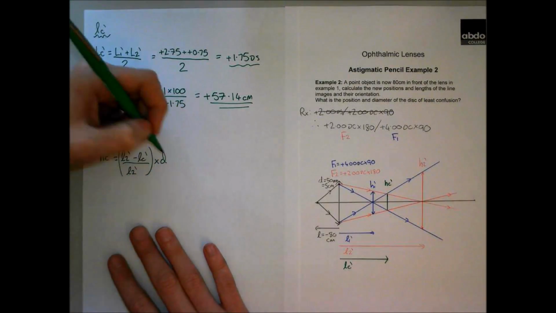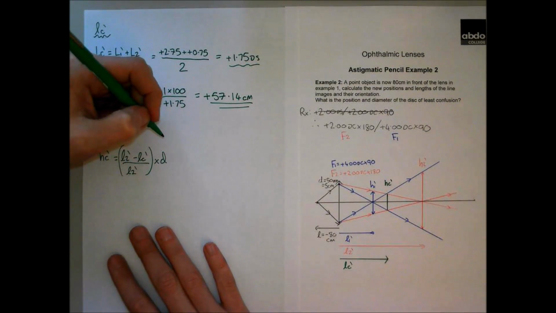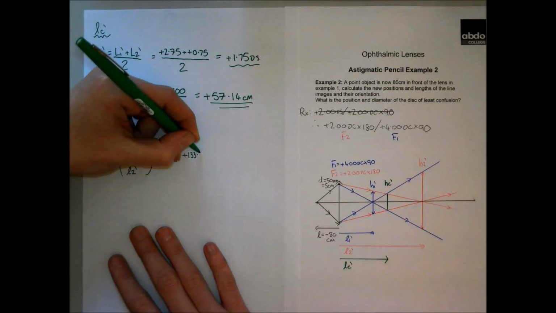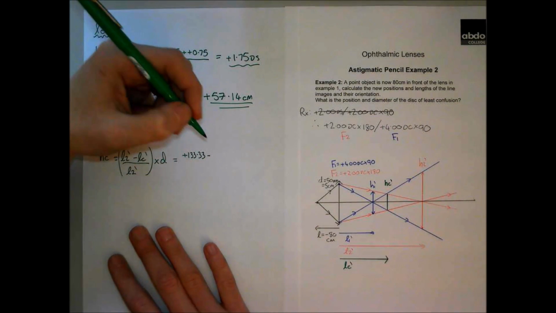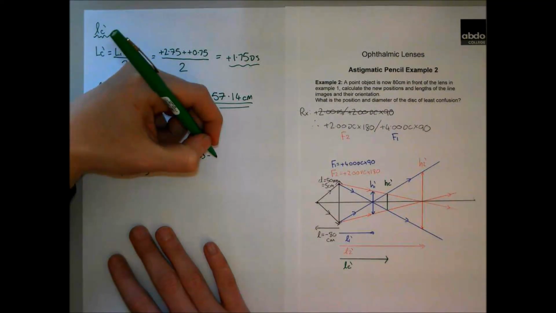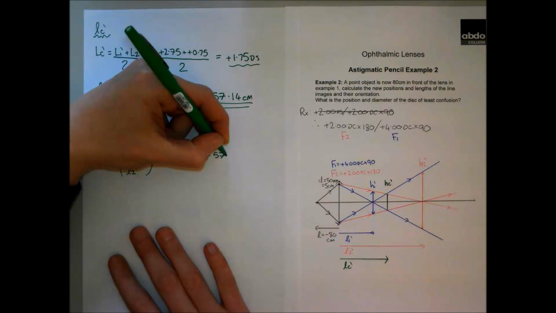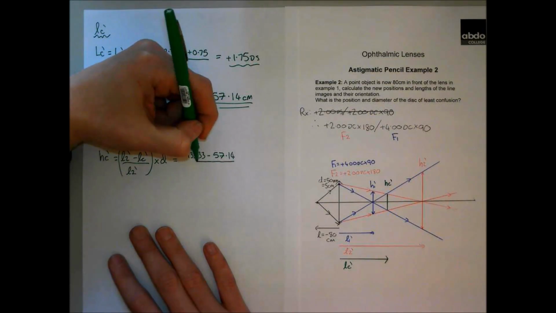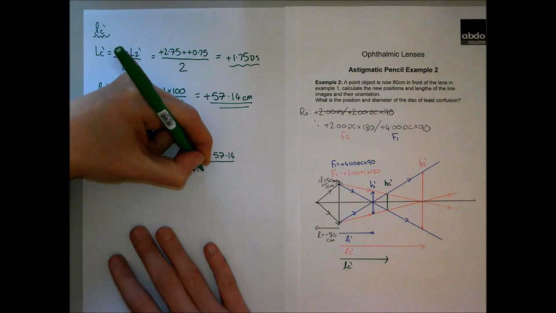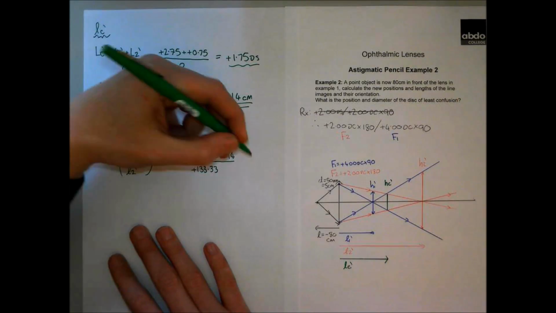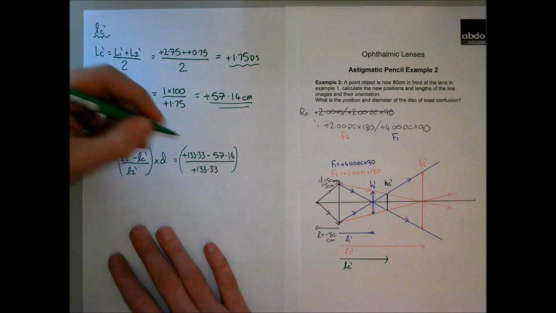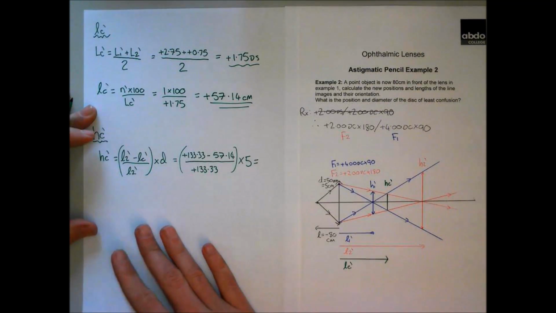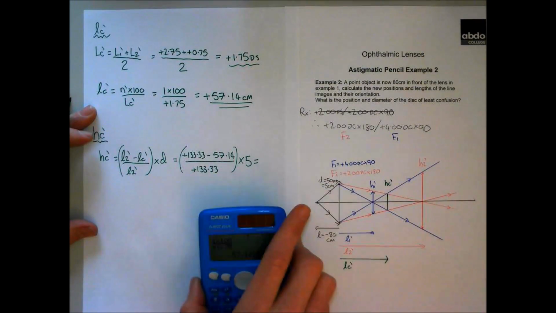So little L2 dashed, from memory, was 133.33 minus little LC dashed that we've just worked out, 57.14 centimetres, all divided by our plus 133.33. All of that happens, and then we times it by that 5 centimetre diameter of the lens.